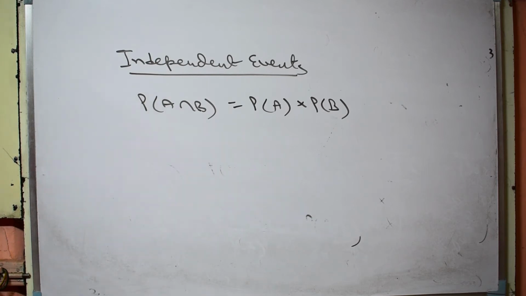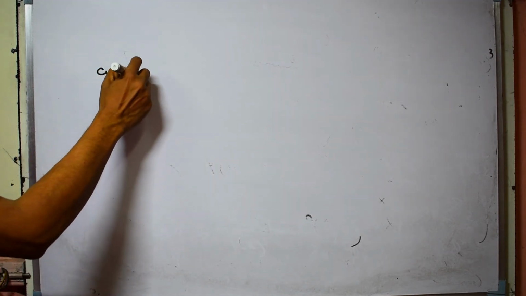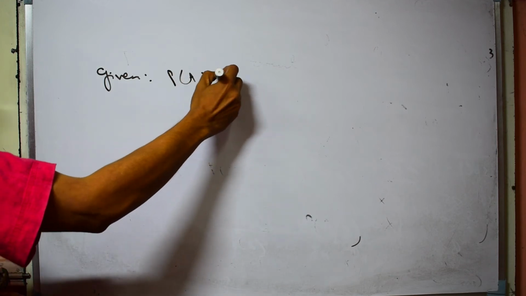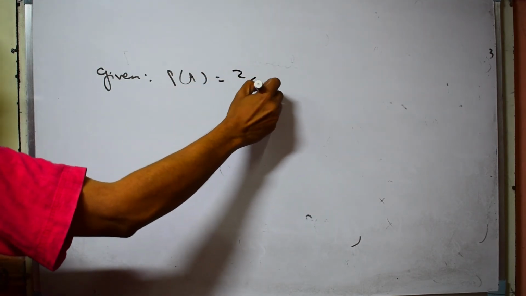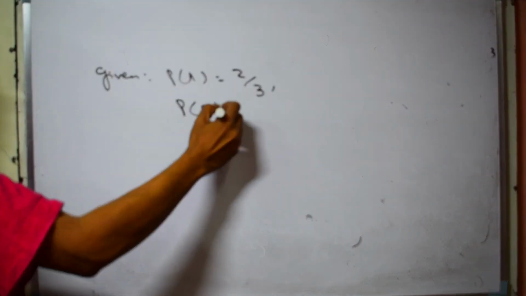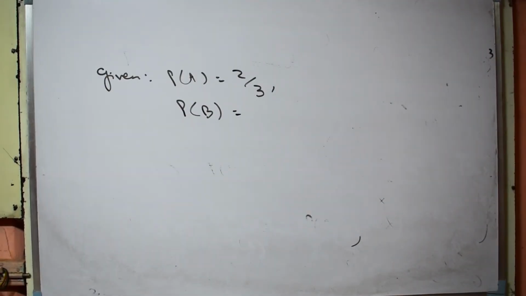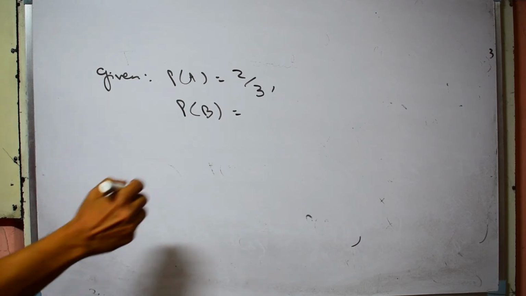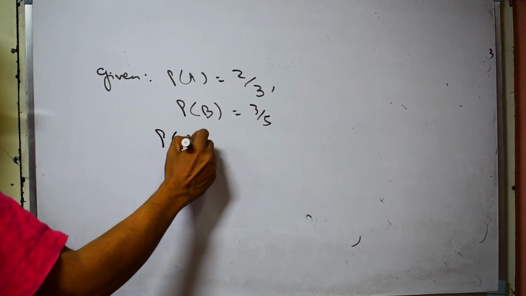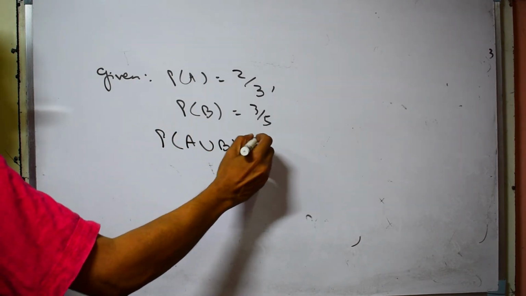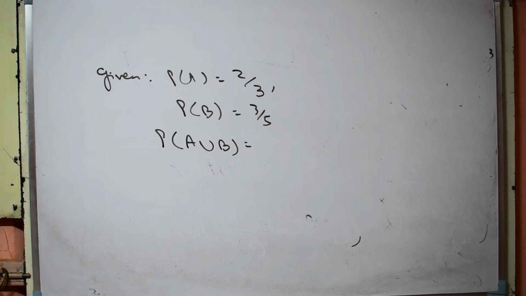Now we can take an example. The first example: PA is given, equal to 2 by 3. PB is equal to 3 by 5. And P(A union B) is, all values given, 5 by 6.